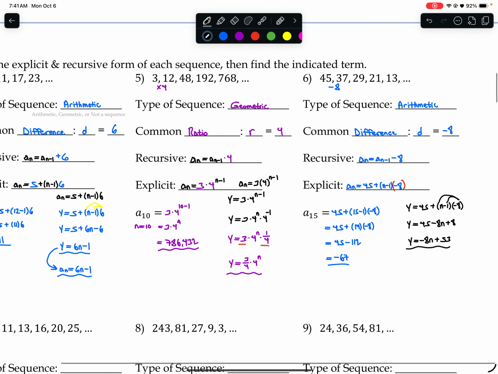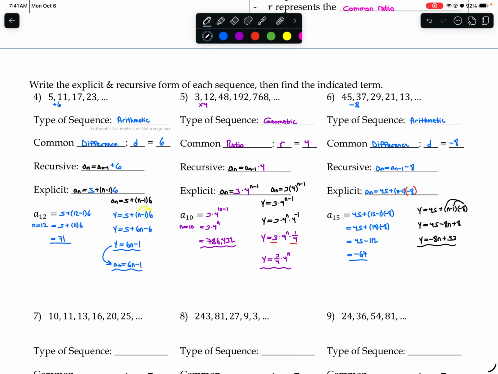I know we don't have directions that tell you that you have to convert it to a specific form, like slope-intercept form or exponential form, but I'm going to go ahead and do it just to get in the habit, and that's going to help you a lot more when we get further on into exponential equations and logarithmic equations.